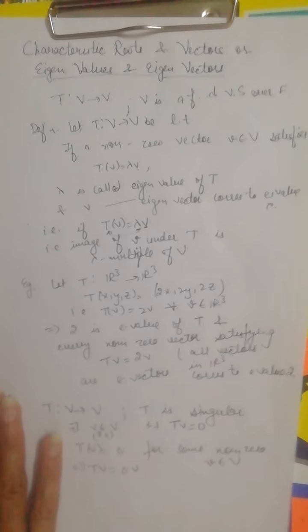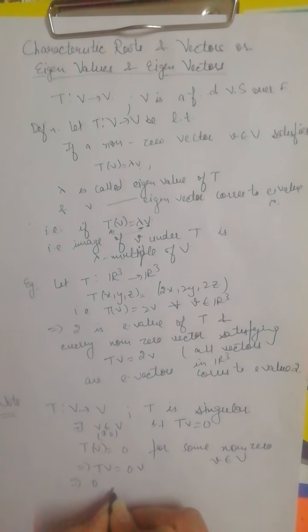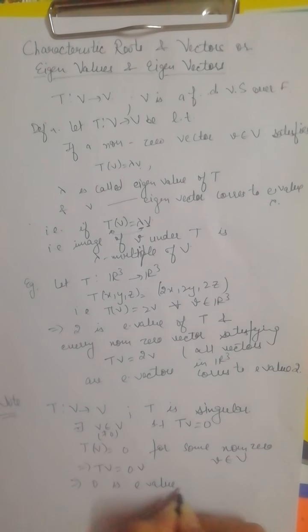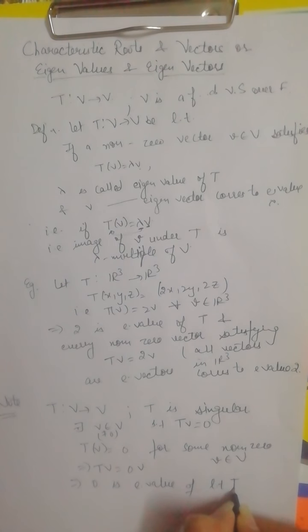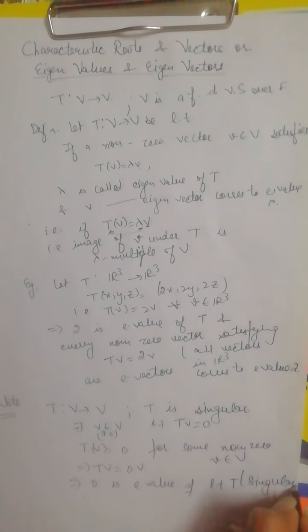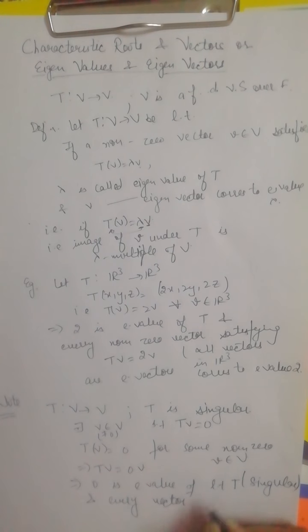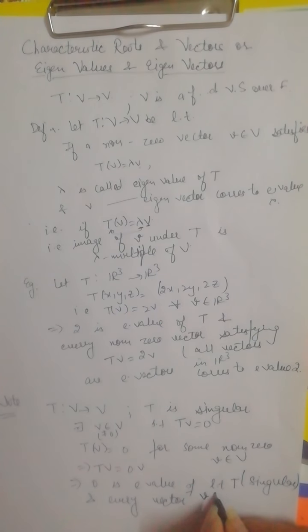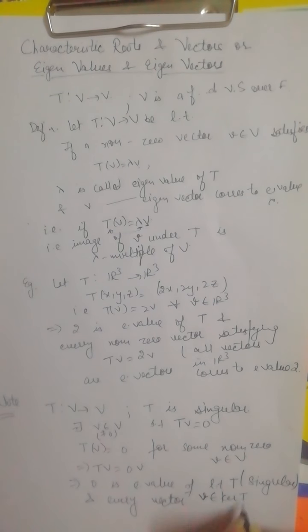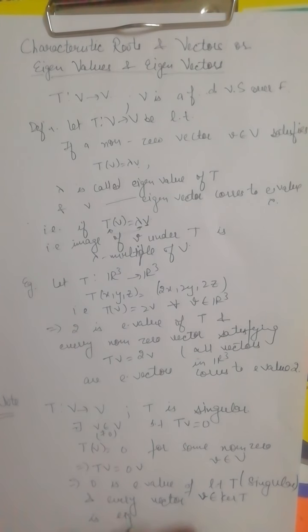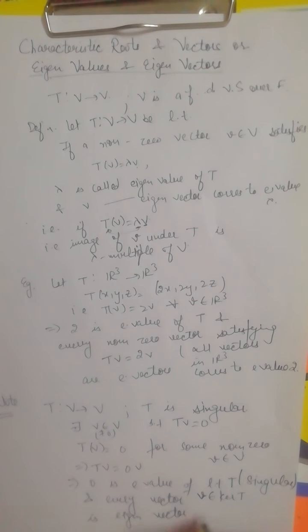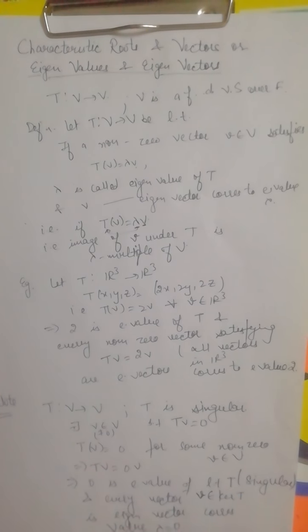which implies 0 is eigenvalue of linear transformation T, which is definitely singular, and every vector whose image is 0, that is, every vector v belonging to kernel T, is eigenvector corresponding to eigenvalue lambda is equal to 0.